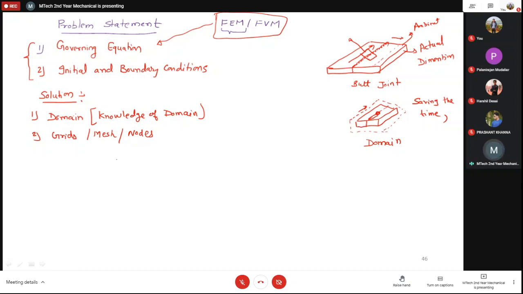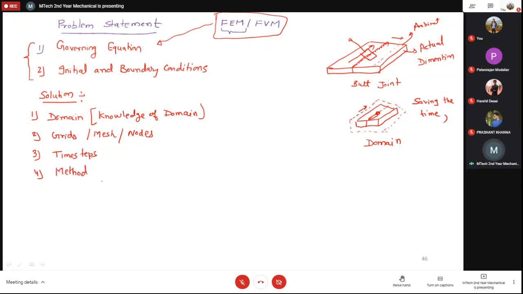Okay, then we'll discretize the domain in the form of grids or nodes, and then something which we require is known as time steps. How many steps we are going to take to solve the problem, that is the time step. Okay, and then last, by which method we are going to solve.